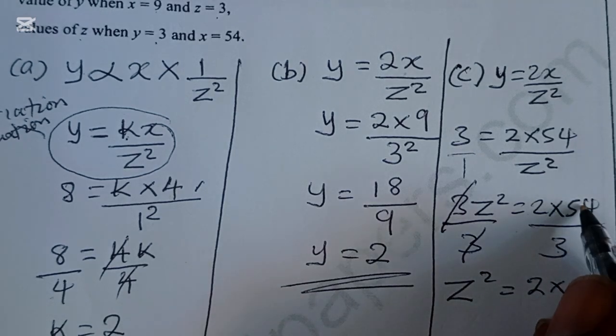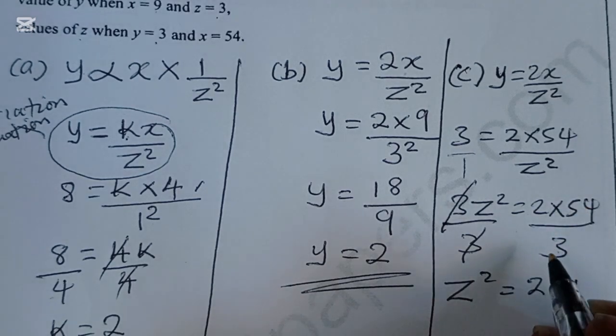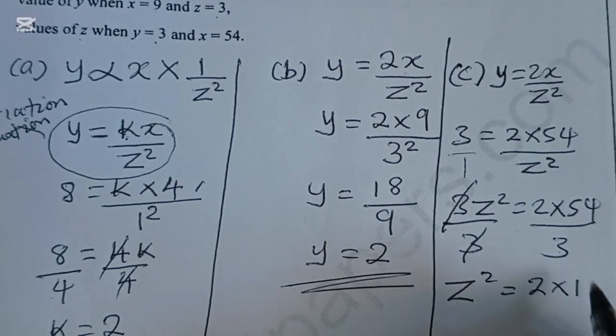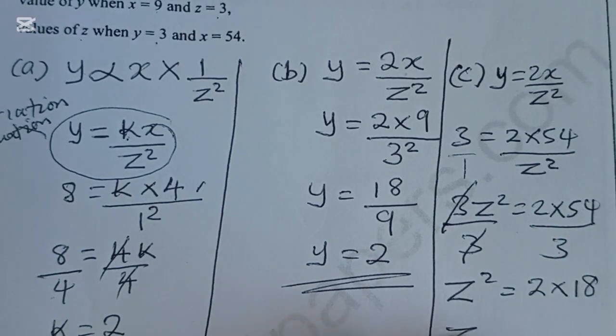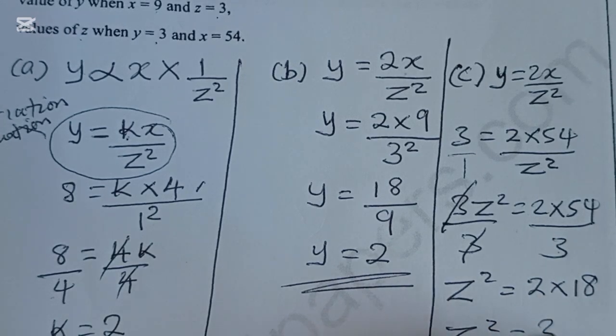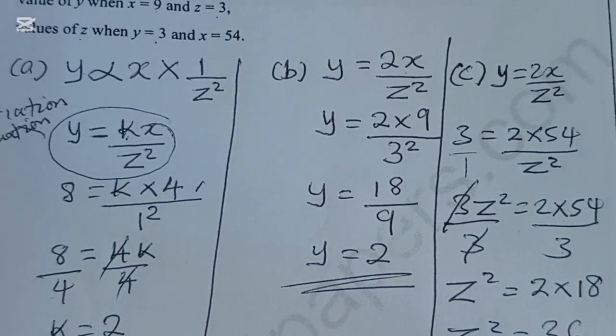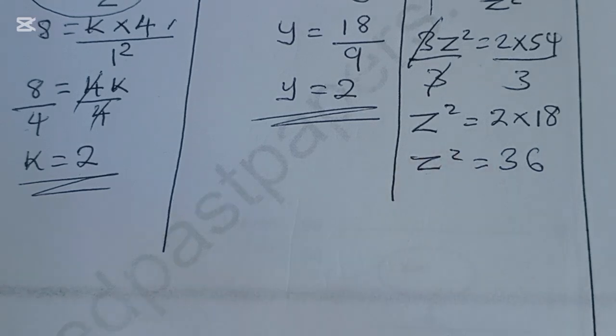So 3 into 24, that is 8. So 3 into 54, it is 18. So z squared is equal to 2 times 18, we are going to have 36. Z squared is equal to 36.